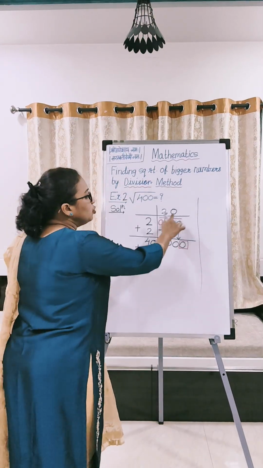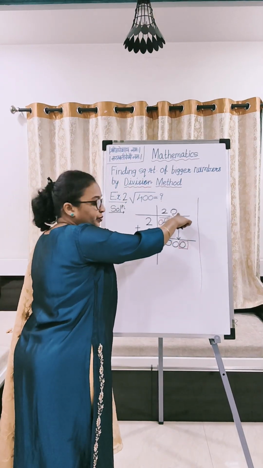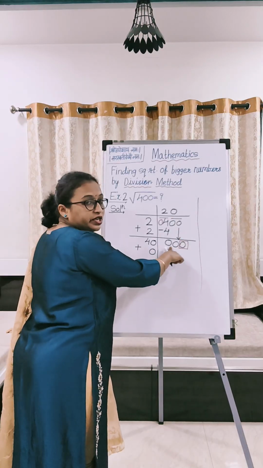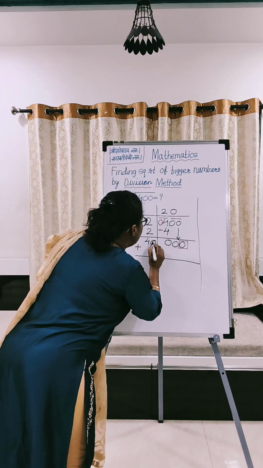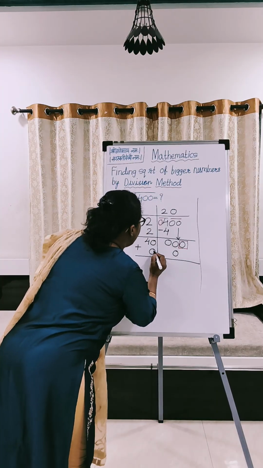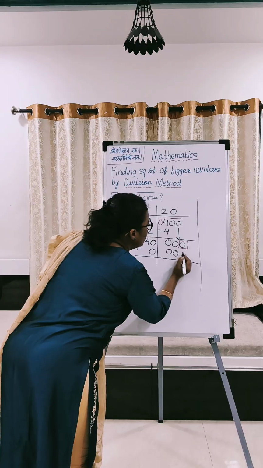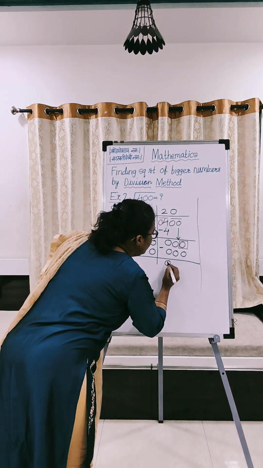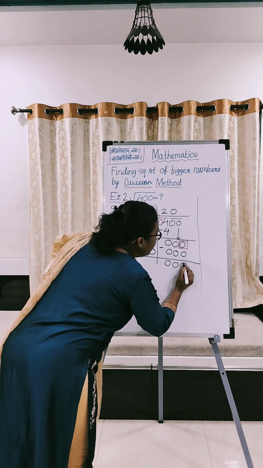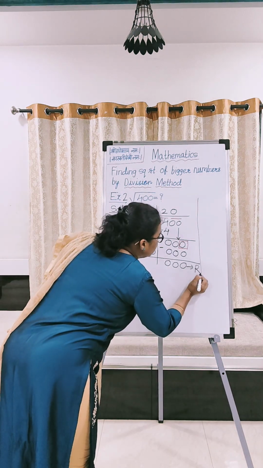So the new quotient is 0 because 4 0s are 0. Now 0 0s are 0 and 0 4s are 0. So we are going to subtract the zeros. We will get the remainder as 0.